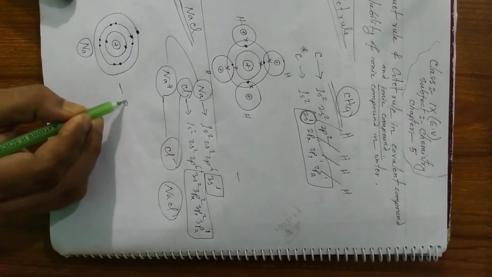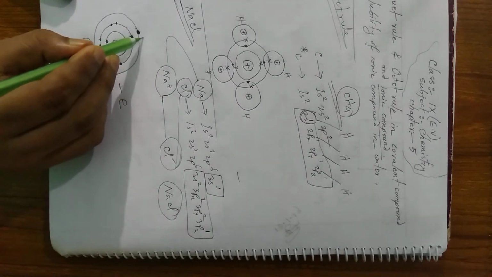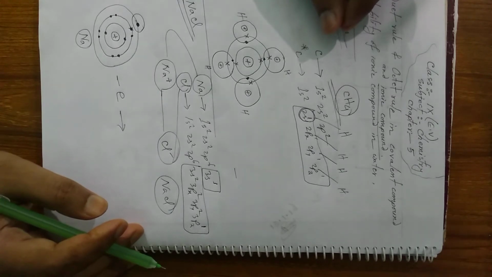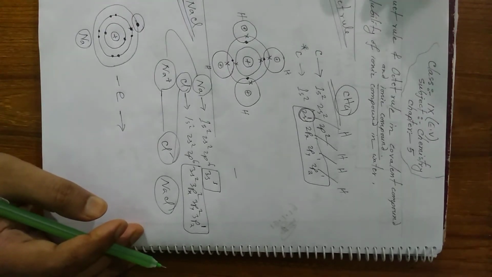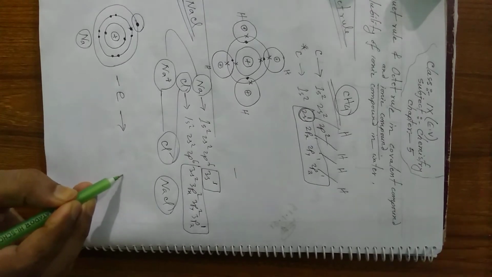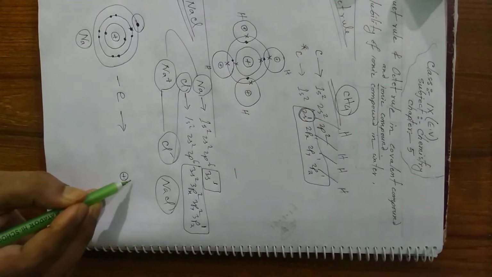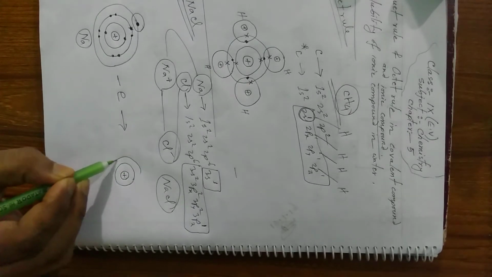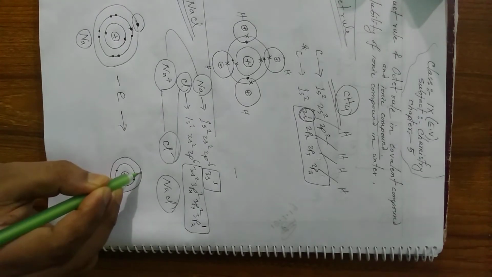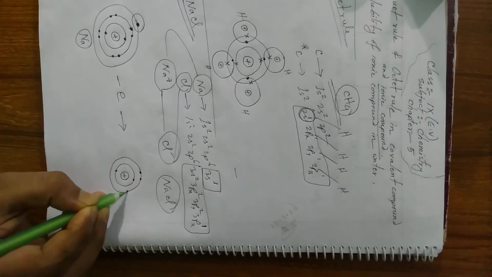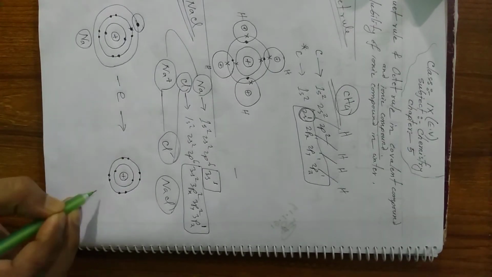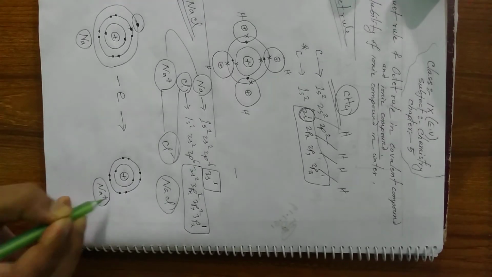When it eliminates one electron from this outermost orbit, it will form Na plus.